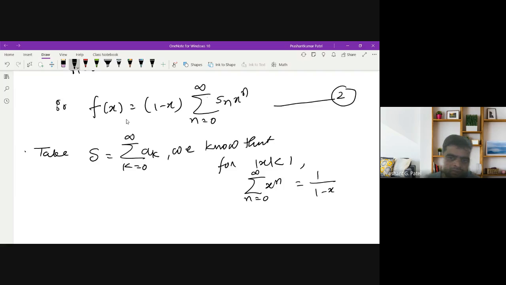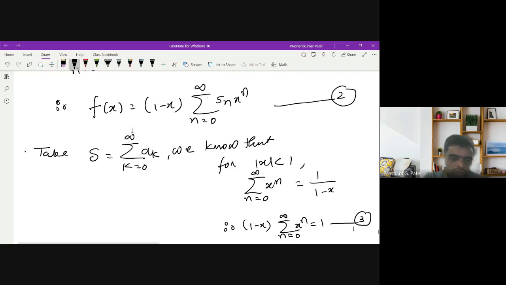This is a geometric series. So using that, the sum of the geometric series is 1 upon 1 minus x if your x is between minus 1 and 1. From this, if I multiply by 1 minus x on both sides, 1 minus x into the summation equals 1.